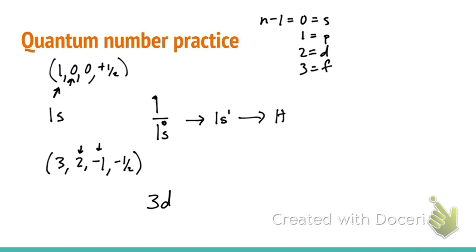So in the 3D, you have 5 orbitals. We're going to label them. Middle one is always 0. And then you've got -1, -2, and then +1 and +2. And then it's a -1/2 in the -1 position.